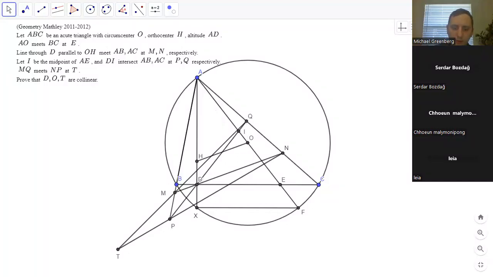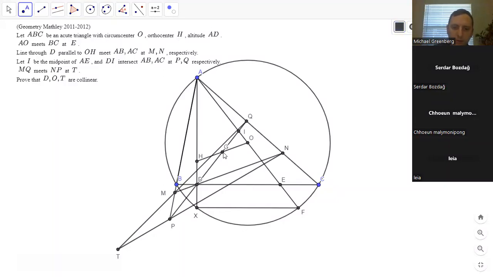So I don't think we need K, but basically I constructed a parallelogram. So this point right here of intersection is actually the 9-point center. So it's the midpoint of OH.